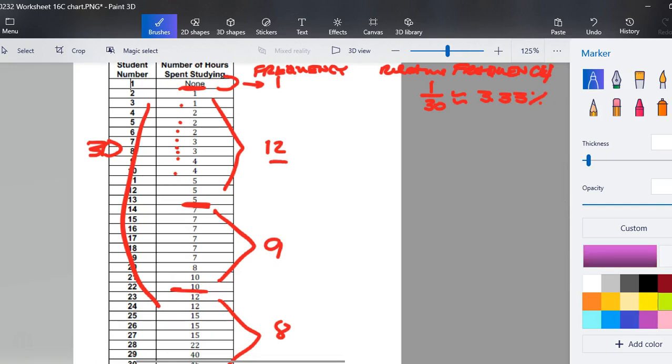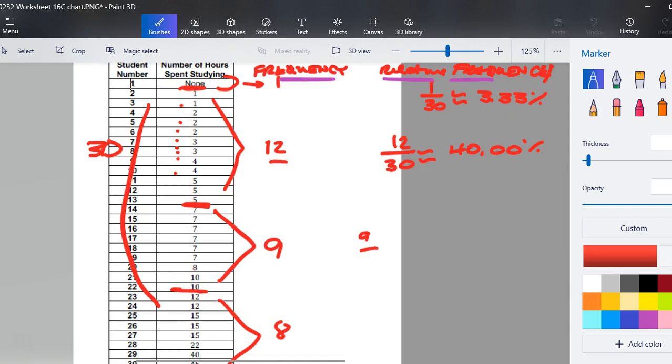So make sure your eyes or your brain are noticing that we have frequency and then relative frequency, how they're alike and how they're different. So now moving on to 12. My frequency of 12 out of the 30 students will put us at 40. And if you want to be official here, let's do 40.00 to round to the nearest hundredth percent.